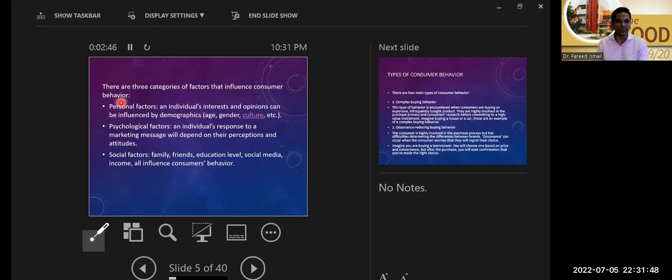One is what we call personal factors. Personal factors reflect individual interests and opinions, and can be influenced by demographics such as age, gender, and culture. Culture can be further discussed at a later stage.